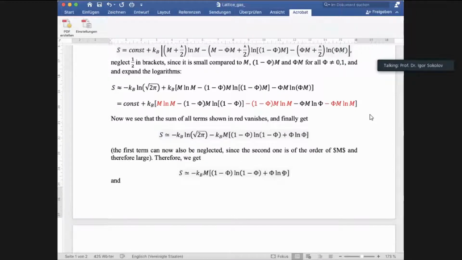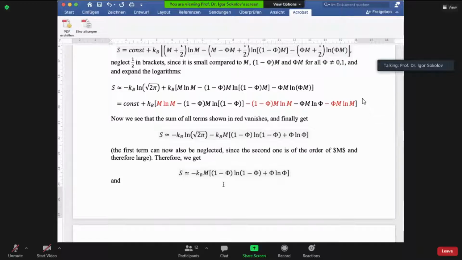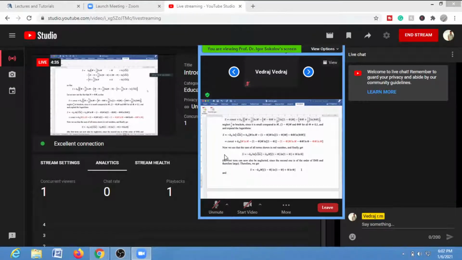The entropy, in reality, is a function of energy, number of particles, volume, and so on. Here it is expressed through the number of sites and this number concentration, but it doesn't matter because these are, for example, functions of the volume. Now I will restore the volume dependence.